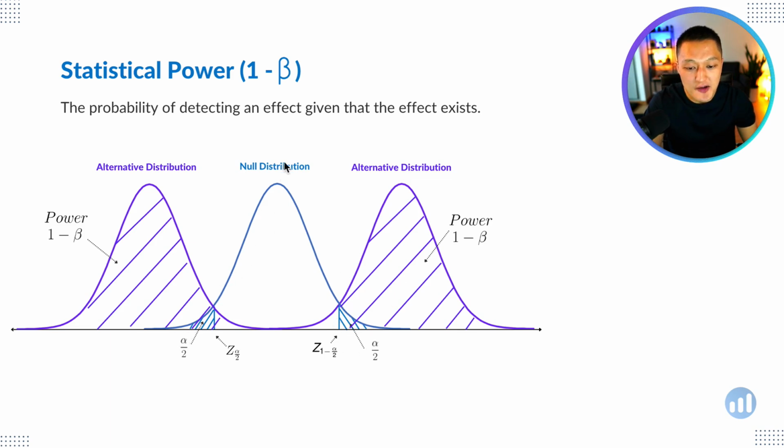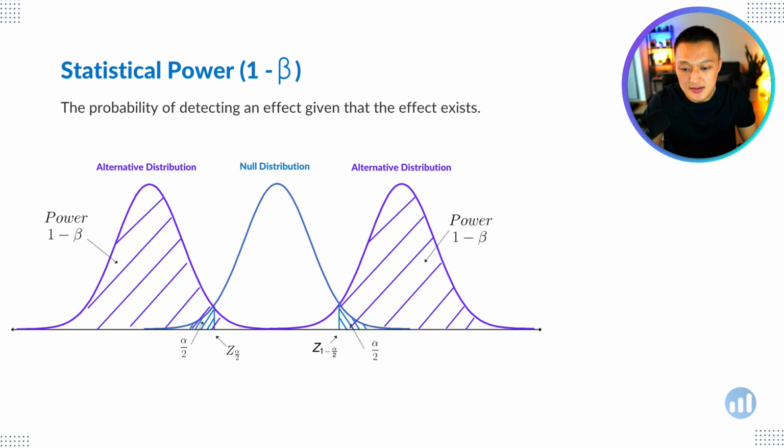So if you have this null distribution and your z critical value, you would calculate the z-score on the alternative distribution that intersects this z critical value on the null distribution. The region to the left is going to be your beta, the type 2 error rate, which is the probability of failing to reject the null hypothesis when the alternative hypothesis is true. And the region to the right of this critical value is going to be your statistical power, the 1 minus beta in this case.